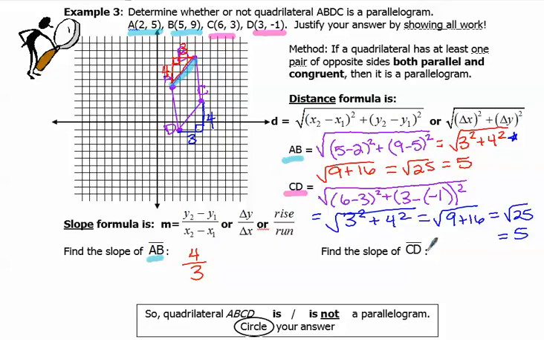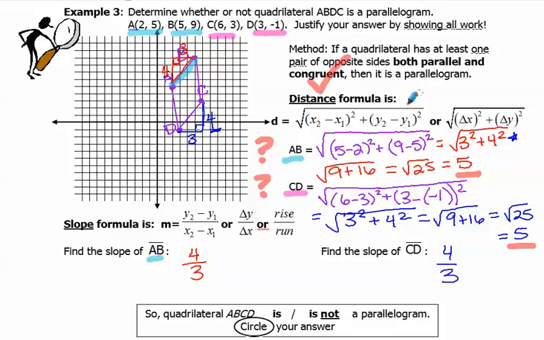Now, the slope of CD, my rise was 4 and my run was 3. So I have to ask myself, is AB the same as CD? 5 and 5. So yes, they're congruent.